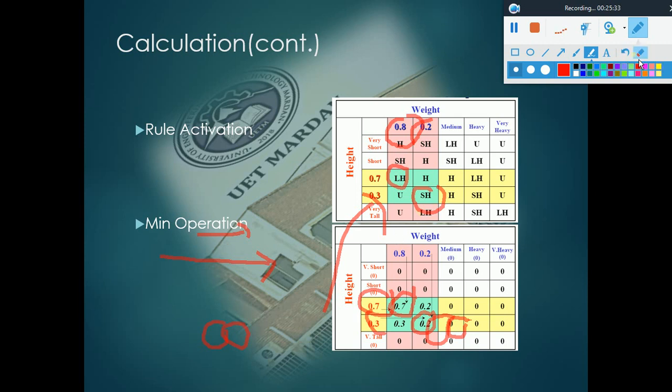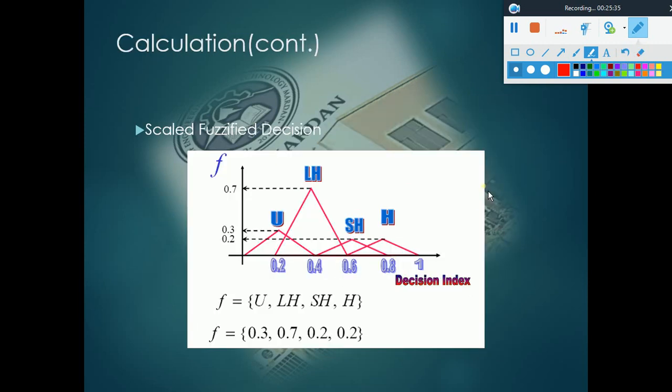Now we will proceed further. This is the scale decision. 0.3 is unhealthy, 0.7 is a little healthy, 0.2 is somehow healthy, and 0.2 of the persons among them are healthy.